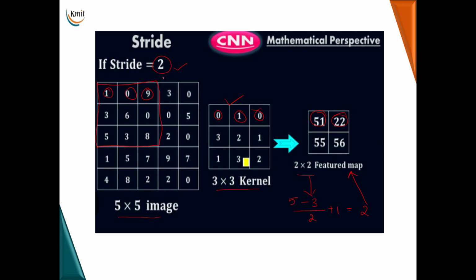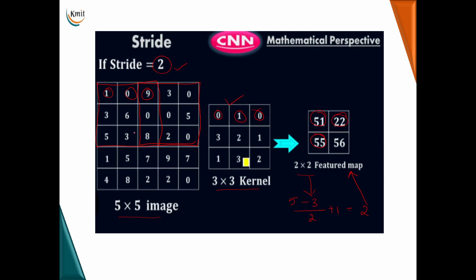By using the stride size as 2, I will shift this kernel on the image 2 positions towards the right. So this is the first position, this is the second position. So I will place my kernel here, perform the convolution operation of 9 with 0, 3 into 1 plus 0 into 0 plus 0 into 3 and so on. I will get 22.